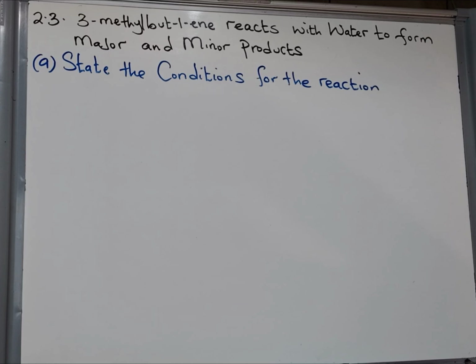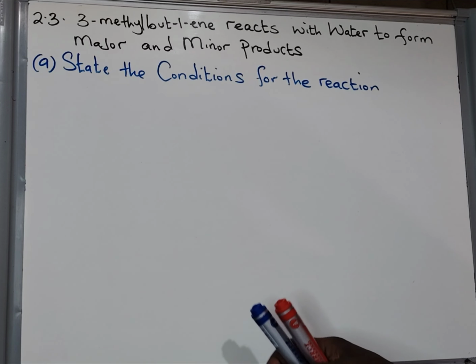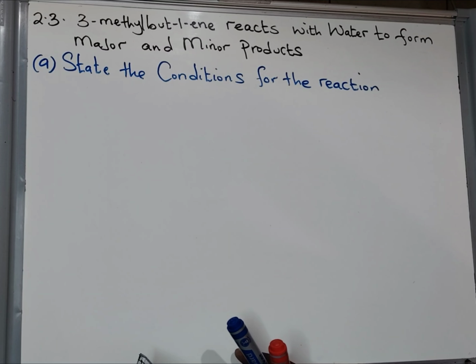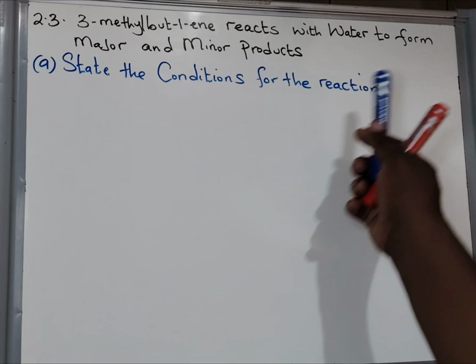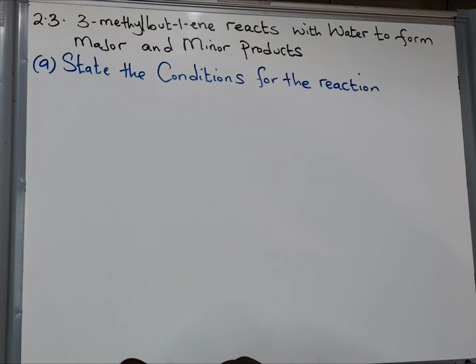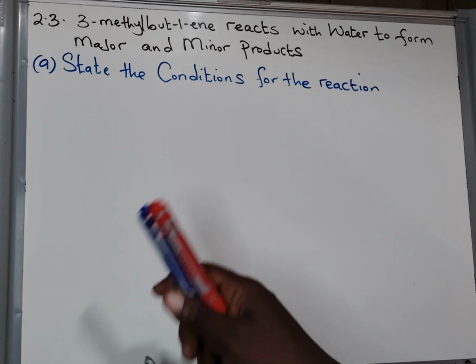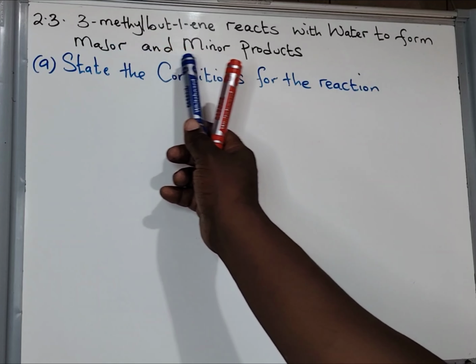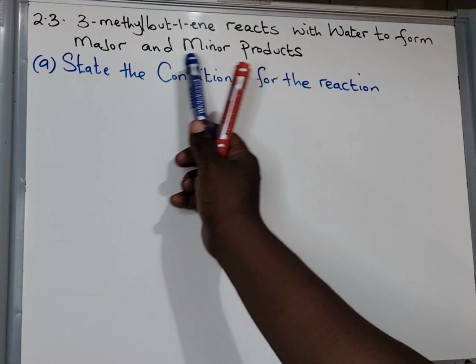Okay, we are looking at this question. The statement says that 3-methyl-butyl-1-ene reacts with water to form major and minor products. Now, this part, you have to be very careful with it. It's back into play.